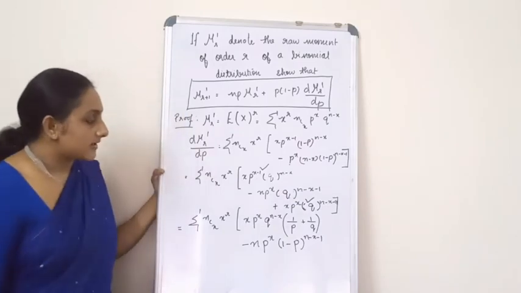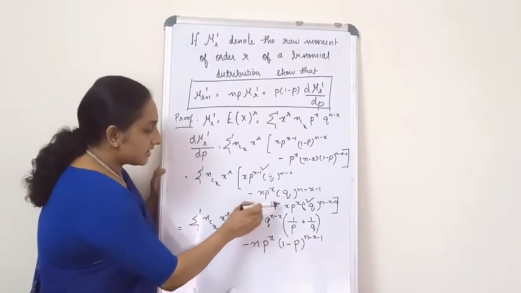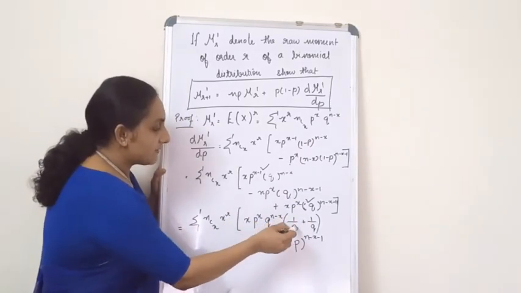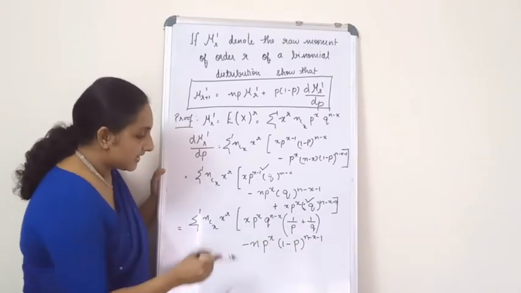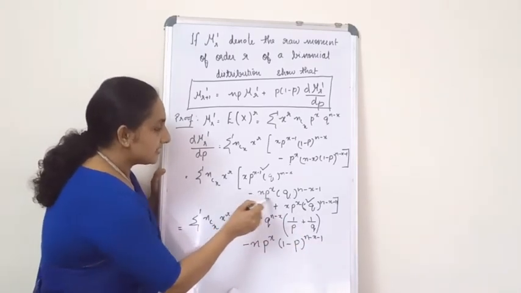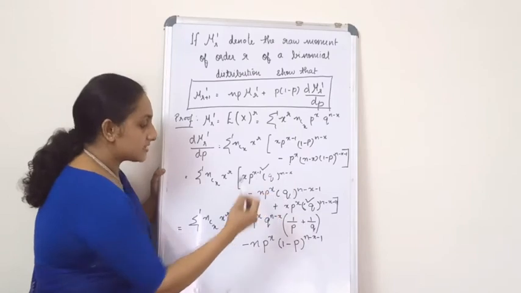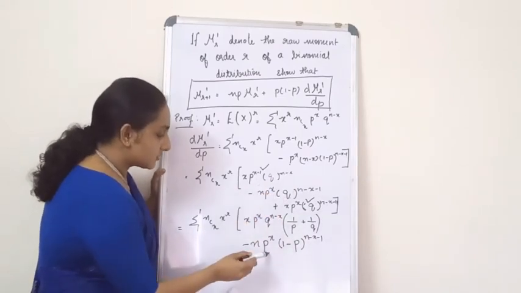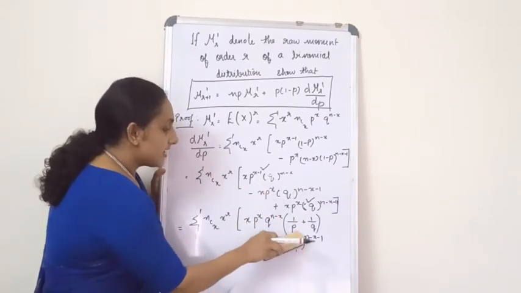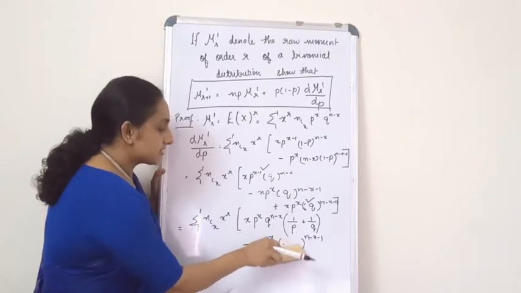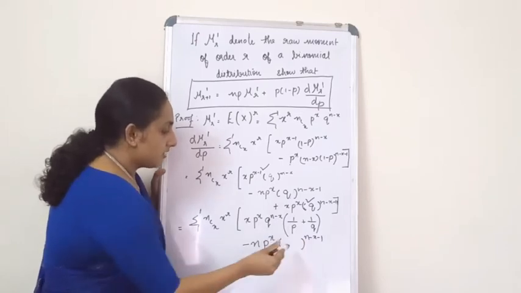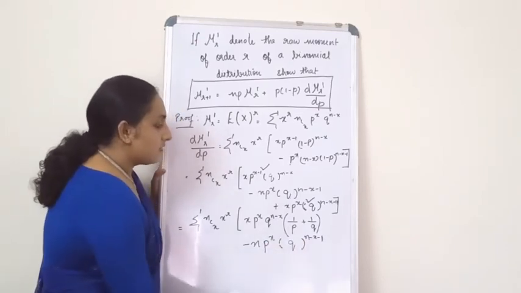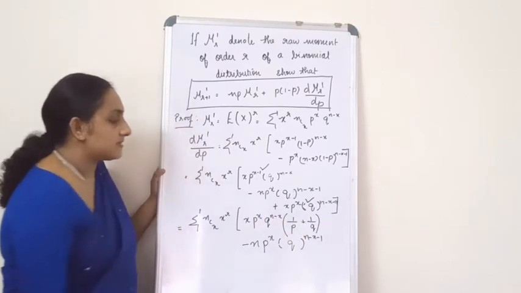So again, when you take all these things outside, you will get 1 by p plus 1 by q inside, minus the second term. I told you I haven't done anything on the second term. I am going to write the second term as it is, and here also I am going to write it as q.